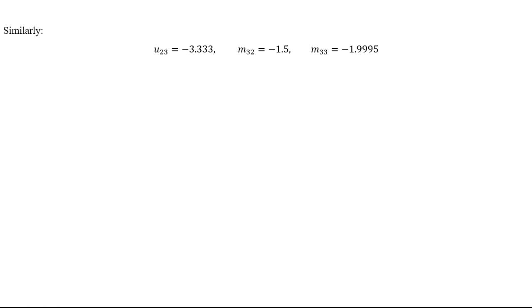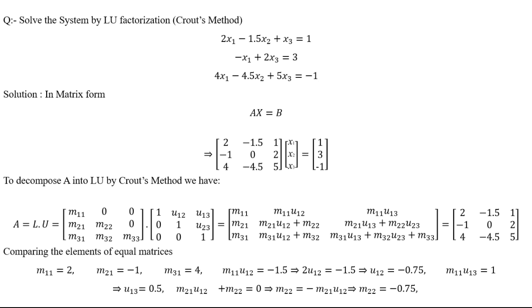After finding all these values, M11, M21, M22, M31, M32, M33, and U12, U13, U23, we will substitute all these values in the lower and upper triangular matrix.